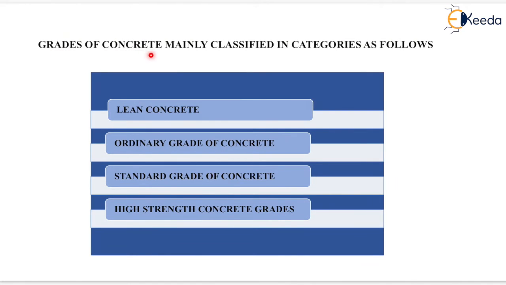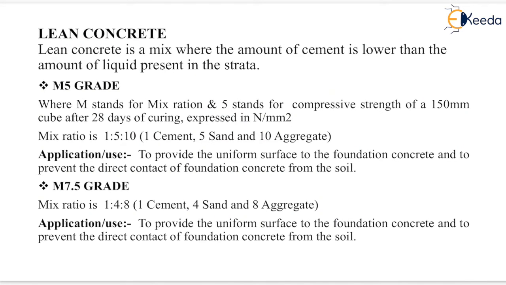Now, grade of concrete is mainly classified in categories as follows: lean concrete, ordinary grade of concrete, standard grade of concrete, and high strength concrete grades. Lean concrete is a mix where the amount of cement is lower than the amount of liquid present.